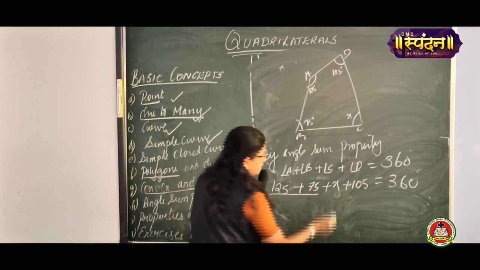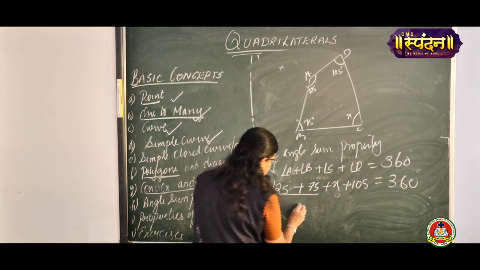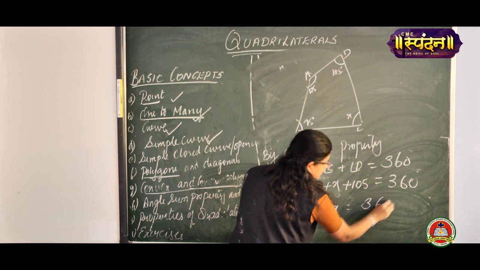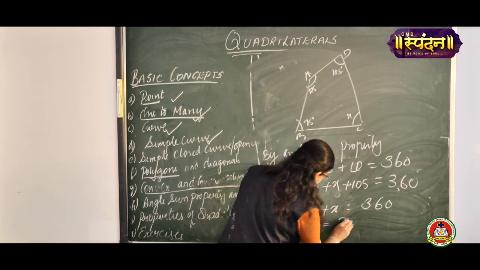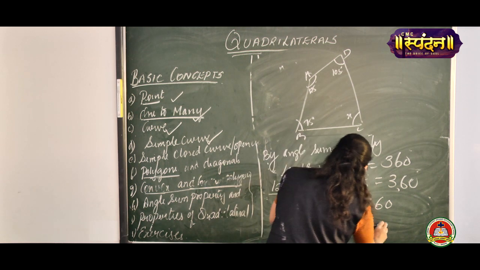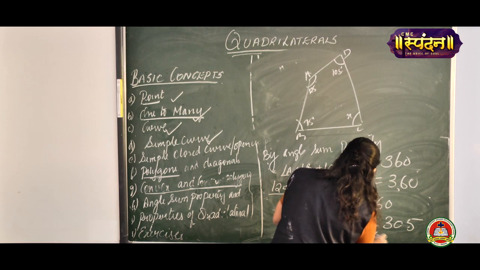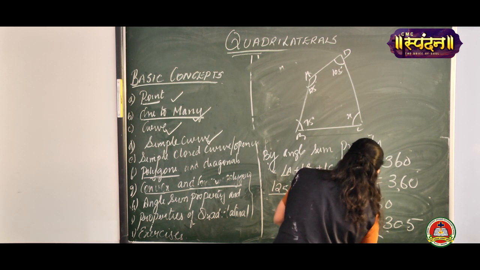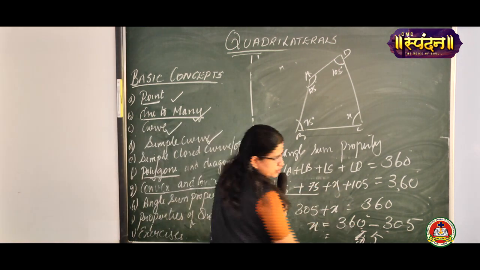So 125 plus 75 is 200, and 200 plus 105 is 305, plus X is equal to 360 degrees. Therefore, the value of X will be equal to 360 minus 305, which is 55 degrees. So this is how you have to find the value of X.